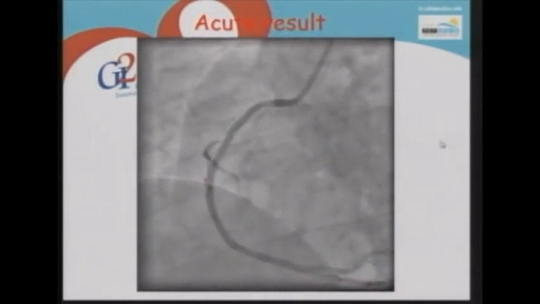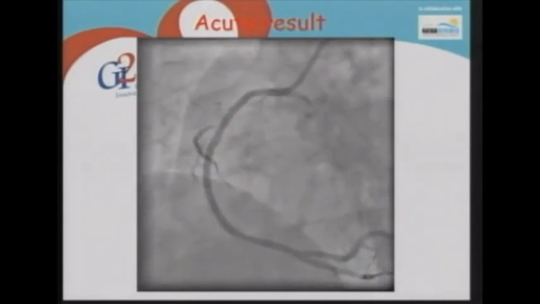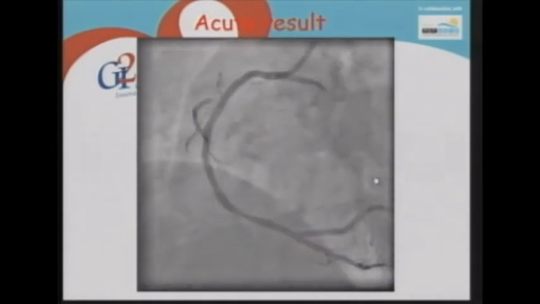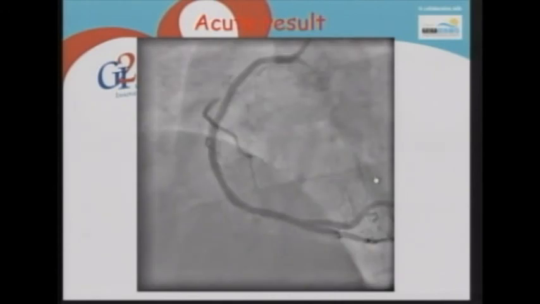Perhaps Patrick could make a few comments on the deployment technique, that we have to go a little slower than with metallic stents, and that we have to be a little more aggressive with pre-dilatation. Patrick, can you hear? Yeah, sure. Certainly the concept of preparation is going to become important.